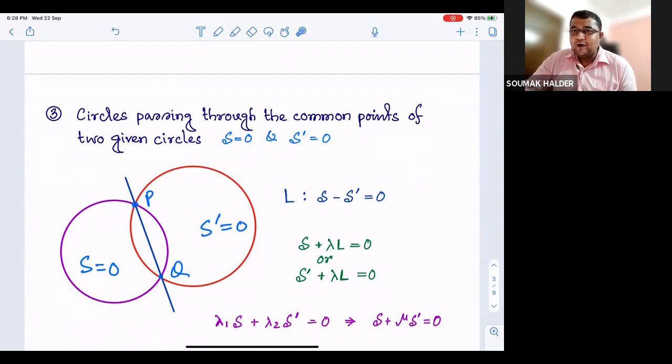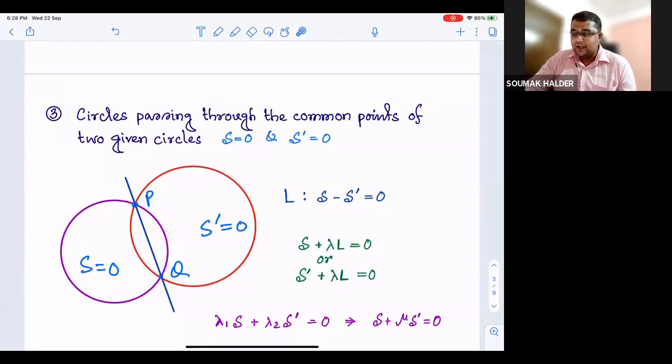So we can also have a representation in the form of lambda 1 S plus lambda 2 S dash is equal to 0, where lambda 1 and lambda 2 could be any real number. If lambda 1 is 0, we will get the trivial member S dash is equal to 0.